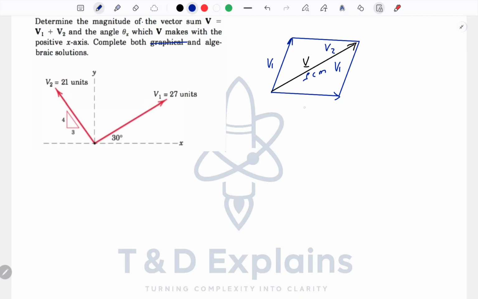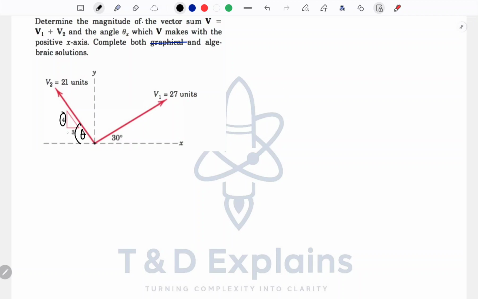And now we are going to use the parallelogram law of combination in this exact case. Now, how are we going to start this thing? We are first going to start by obtaining the following angle. So let's say this angle is theta. We are given 4 and 3 as the sides of a triangle. So we have an angle theta here, which is the same as this angle theta.